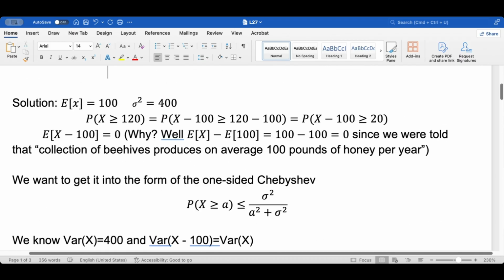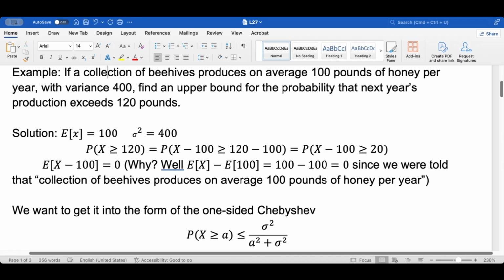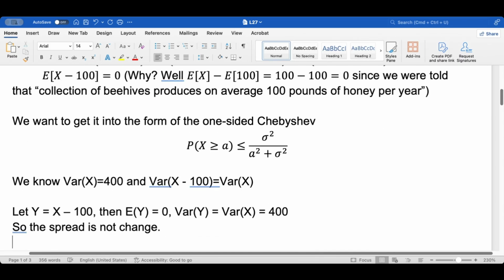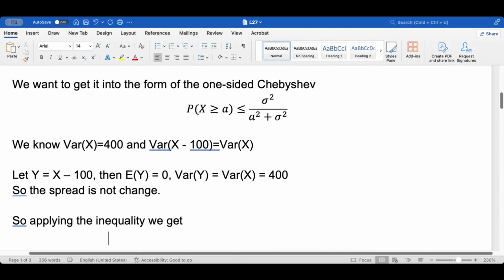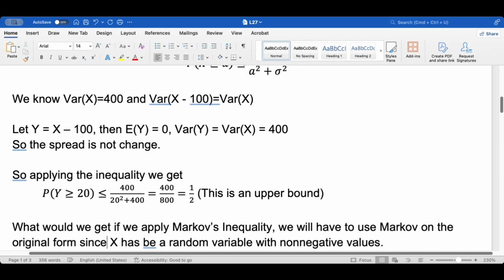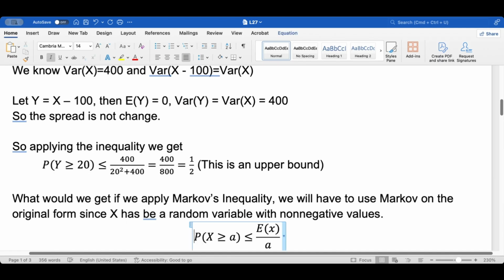So this is using one-sided Chebyshev. If instead we use Markov, we get a weaker result. So we use Markov here with the original variable x. It's definitely non-negative, so we're okay here.